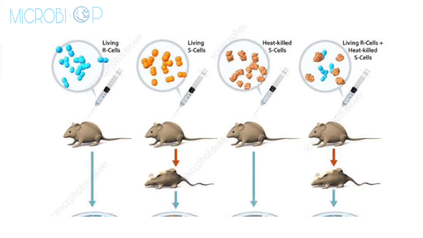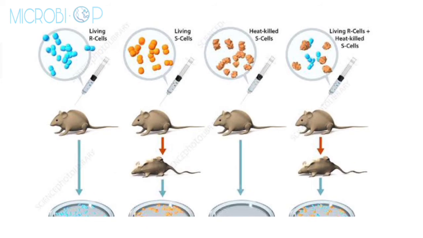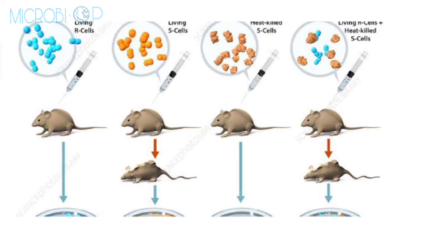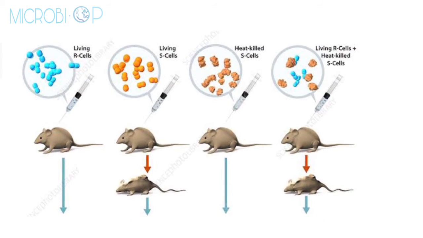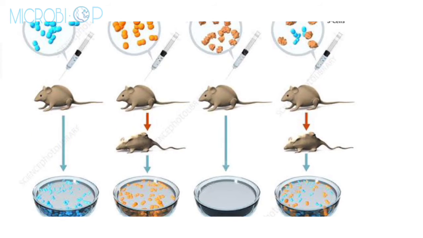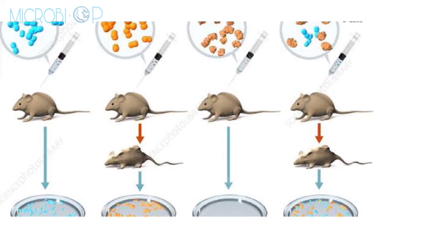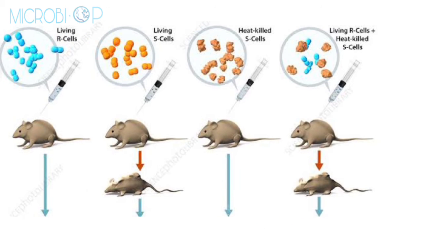Now for the living S cells, the smooth colony producing cells, when injected in the mouse, the mouse died. Why? Because it died of pneumonia. Why? Because the immune system of the mouse was unable to recognize the cells.